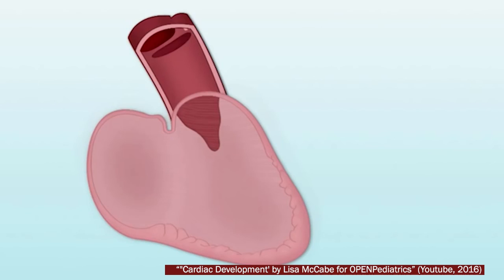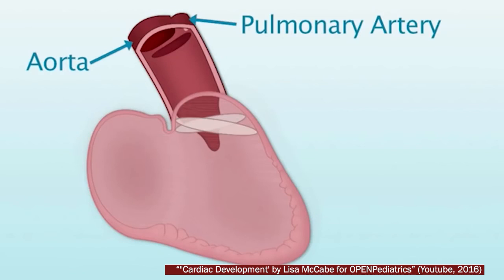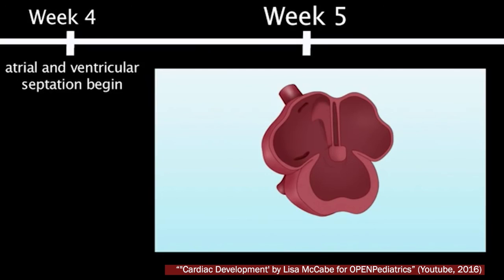This septum divides the truncus into two vessels, the aorta and the pulmonary artery. The conal tissue involved in the septation of the truncus arteriosus also directs placement of the aorta and pulmonary artery over their related ventricles.